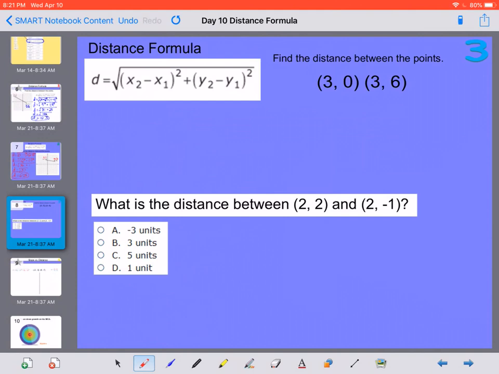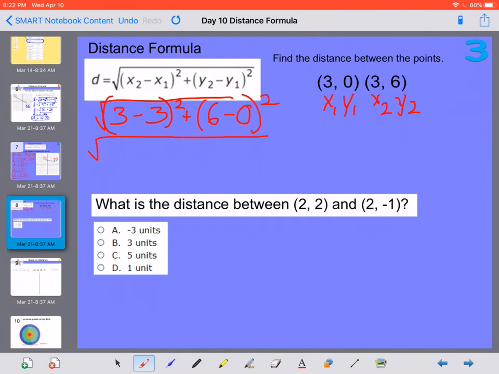Alright, now it's just giving us 2 points, so we don't actually have a graph this time, but we still have our x1 and our y1, our x2 and our y2. So we are going to have the square root of 3 minus 3 squared plus 6 minus 0 squared.